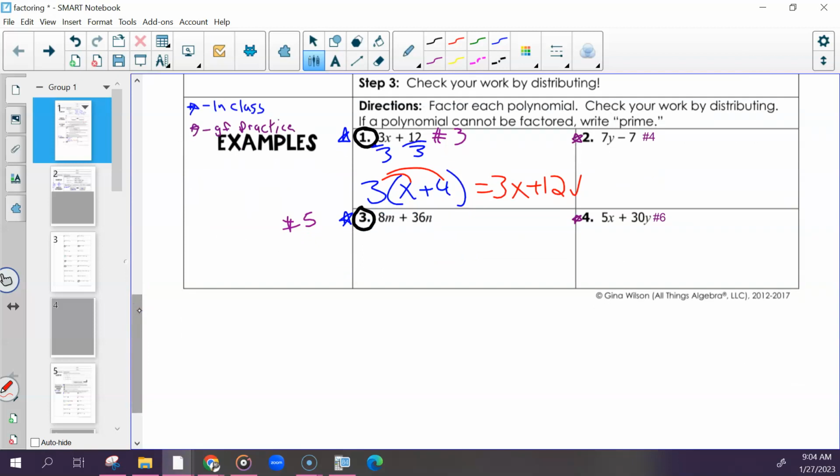Okay, let's do 2. Highest number we can take out of both? 7. This will seem like it's way too easy. That's great. This should feel easy. So if we divide both by 7, and we put 7 out in front of parentheses, what's left? 1 for this one, and 1 y for this one.